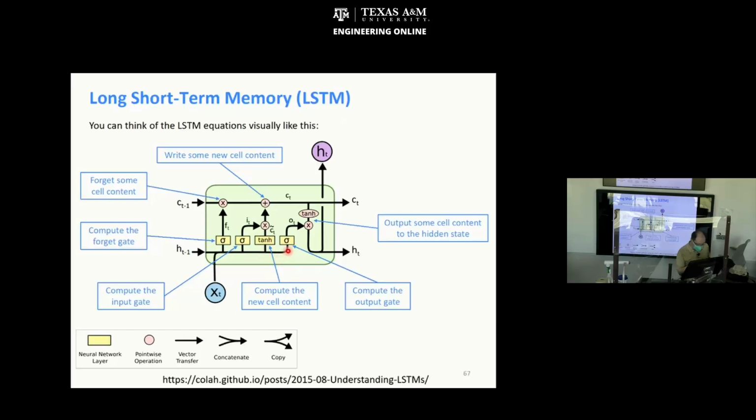Then we do this new cell content calculation using this hyperbolic tangent, and these 2 pieces of information, the history information after something is forgotten, and the new cell state, are put together, and then go through this output gate. It's again parameterized by some W's and V's, and then we have the output of the new cell content at time t and the new hidden state at time t.